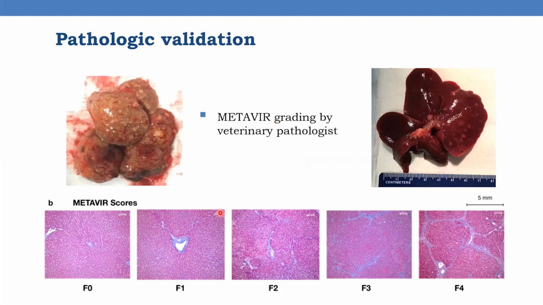In this system, the scores range between F0 to F4, F0 being normal and F4 being cirrhosis. And of course, in between range different grades of fibrosis.